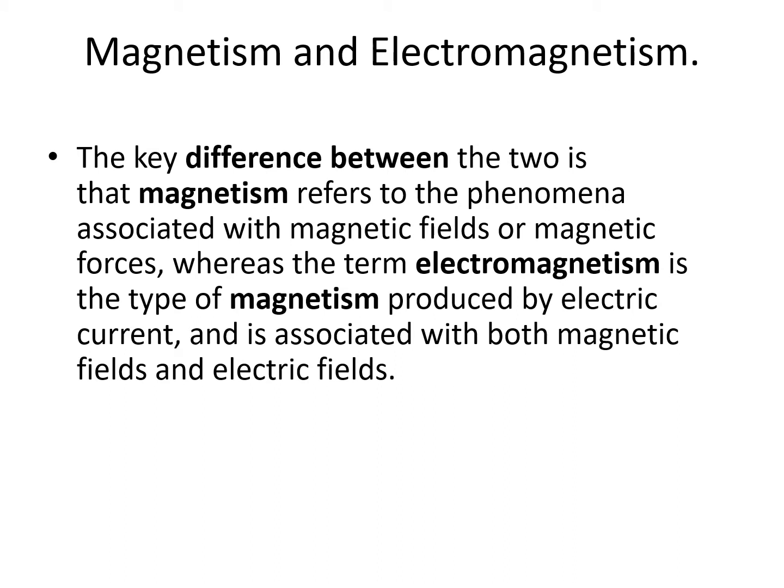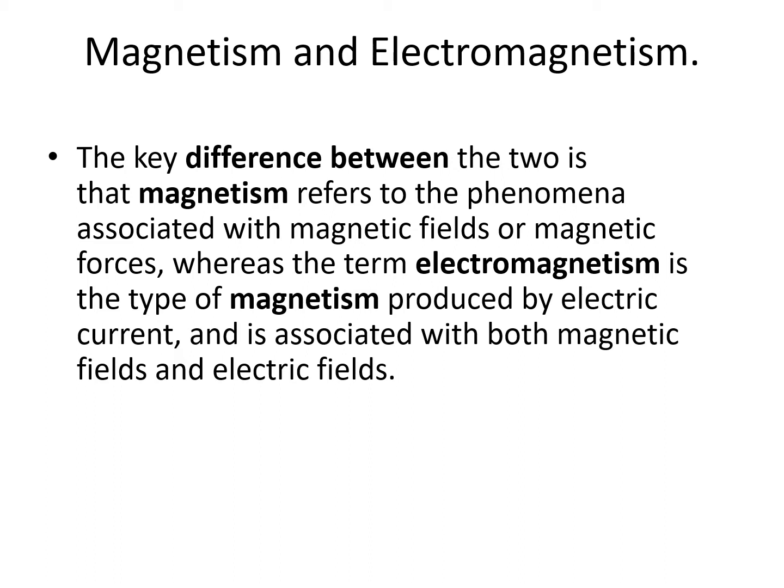So what is the basic difference between the two? The basic difference is that magnetism, or magnets, refers to the magnetic fields. It refers to the phenomena which are associated with magnetic fields or magnetic forces. But what is electromagnetism?